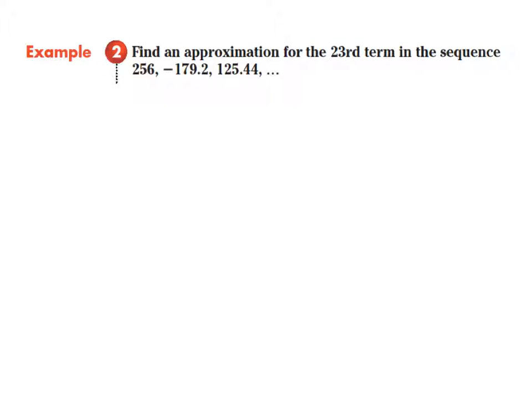For example, it says find an approximation for the 23rd term in the sequence. So we can always think of this as A2 divided by A1 or A3 divided by A2 to find out what that common ratio is, right? So what do we get here?